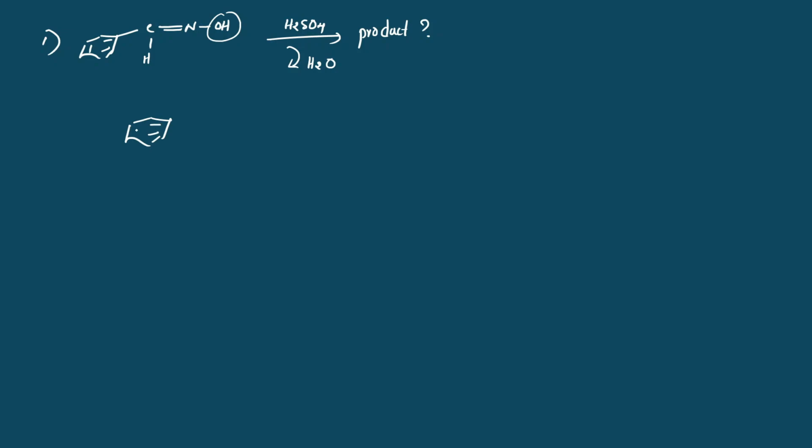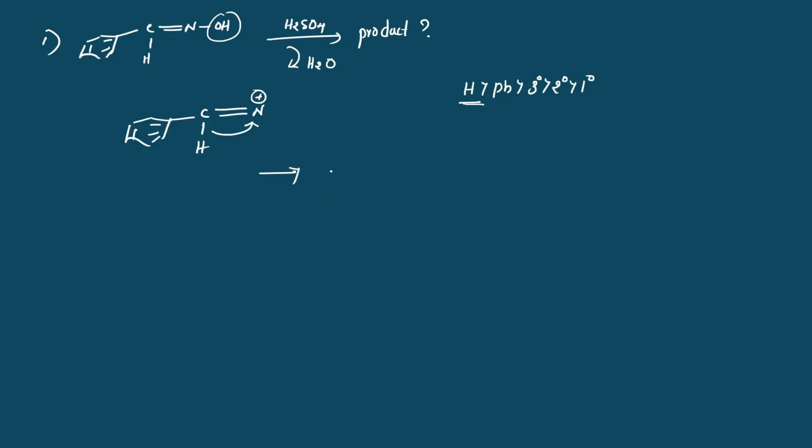So you will generate this intermediate: you have the carbon, here the hydrogen, and you have the nitrogen with a positive charge. Then you have to know which of these groups is migrating. According to the migratory aptitude, you have the hydrogen, then phenyl, then tertiary, secondary and primary carbon. The hydrogen has the higher migratory power, so the hydrogen will migrate to this position.